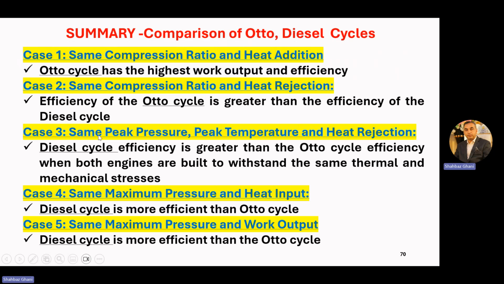Case 3, when we have the same peak pressure, peak temperature, and heat rejection, the diesel cycle efficiency is greater than the Otto cycle efficiency when both engines are built to withstand the same thermal and mechanical stresses. Case 4, when we have the same maximum pressure and heat input, the diesel cycle is more efficient than the Otto cycle. Case 5, same maximum pressure and work output, the diesel cycle is more efficient than the Otto cycle.